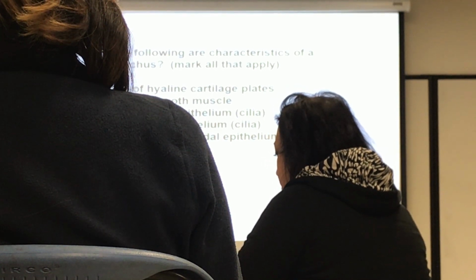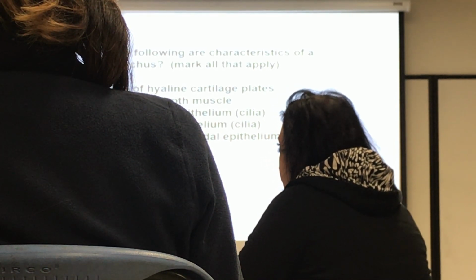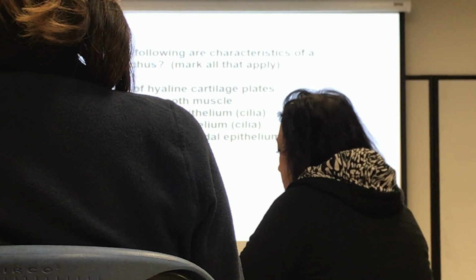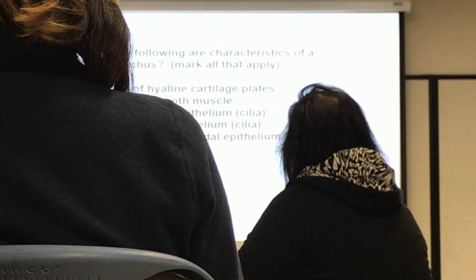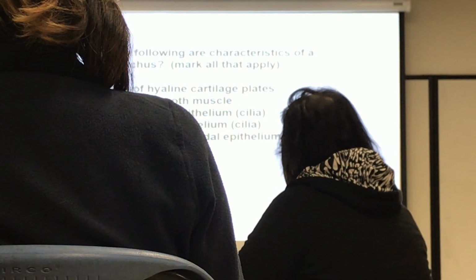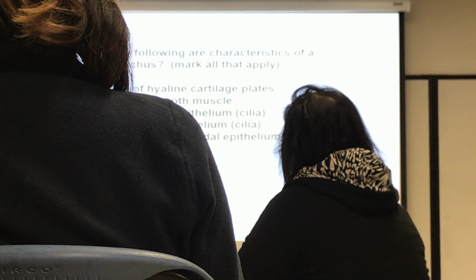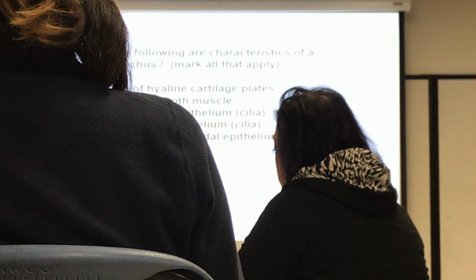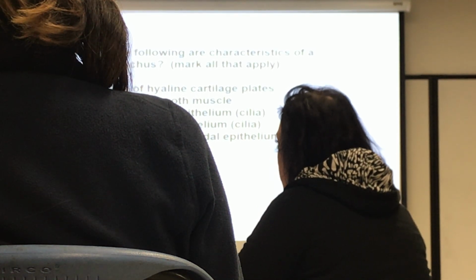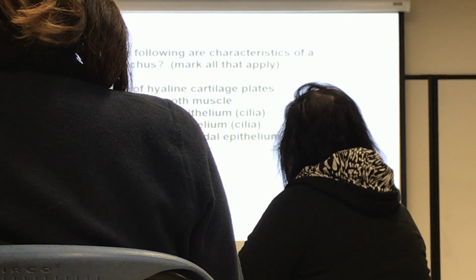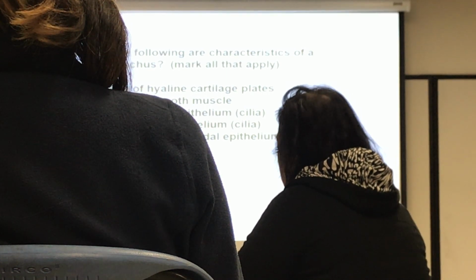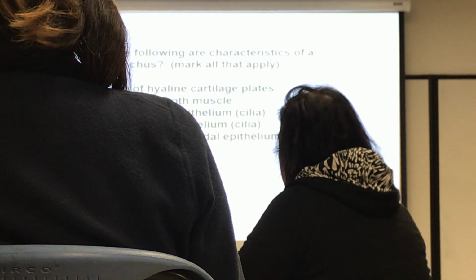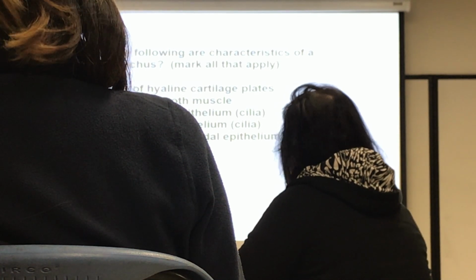And then it will start out in the secondary, but it doesn't finish the secondary. Right? So just the first, as you move into secondary, you're going to continue to see pseudostratified columnar. But it's not the characteristic epithelia. So what would be the characteristic epithelia of secondary and tertiary? Simple columnar. And then at the end of simple columnar, as you transition into bronchioles, you might start to see simple cuboidal.